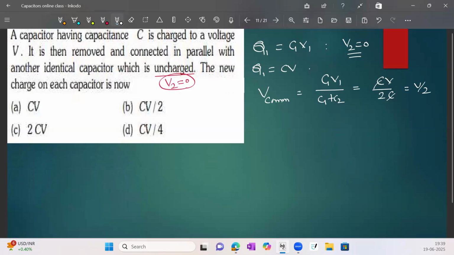So Q2 equals the common potential times C, which is V by 2 times C, so the new charge becomes CV by 2.